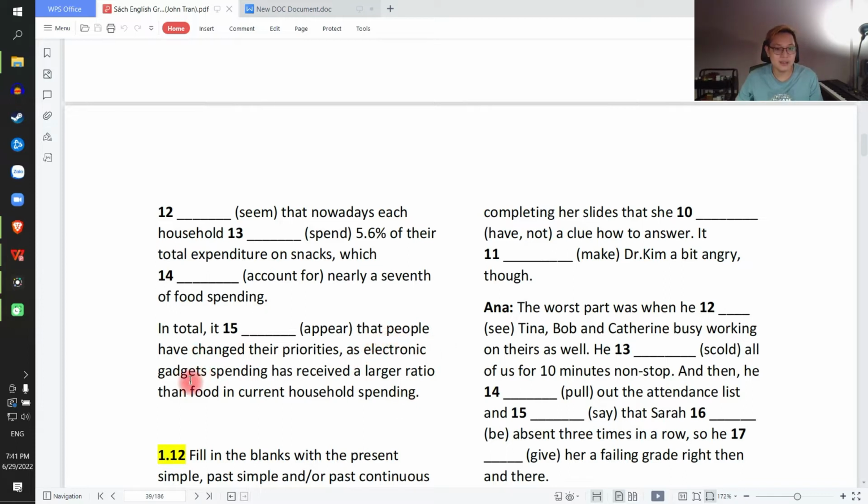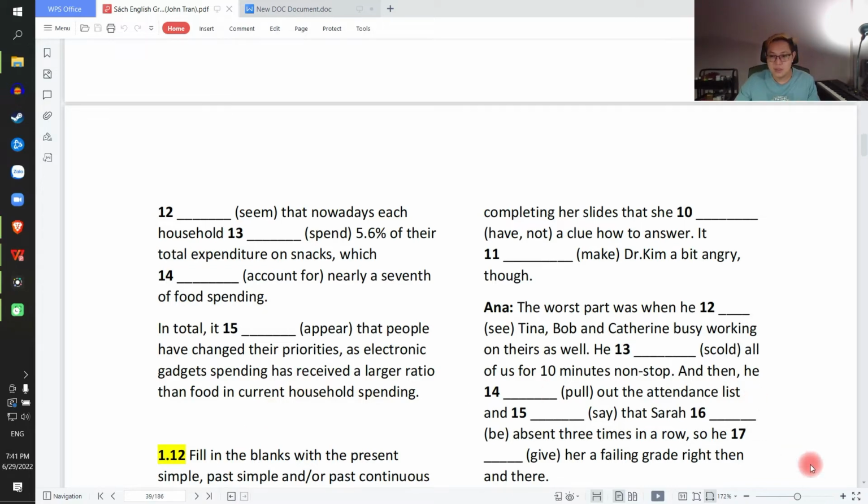As electronic gadget spending has received a larger ratio than food in current household spending. Bởi vì cái sự chi tiêu cho những cái thiết bị điện tử nó đã nhận được một cái tỷ trọng cao bự hơn là thực phẩm ở cái sự chi tiêu trong hộ gia đình hiện tại.